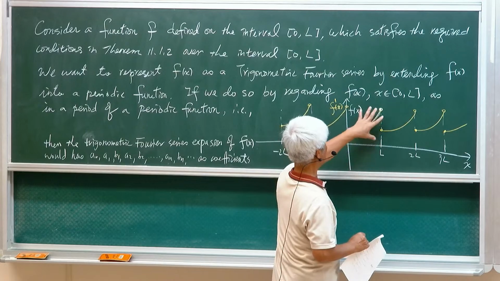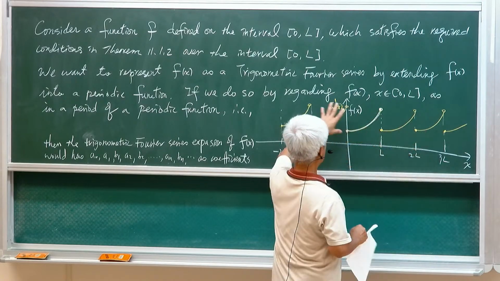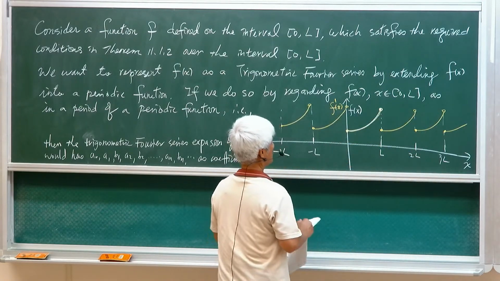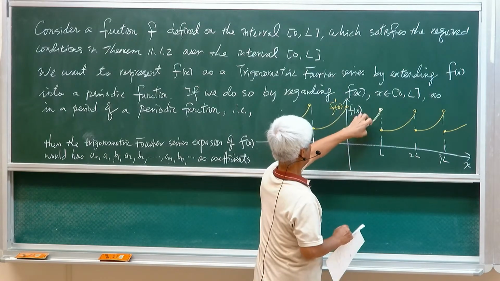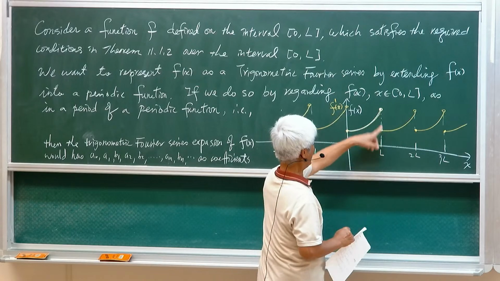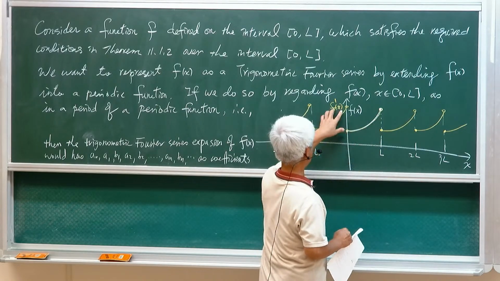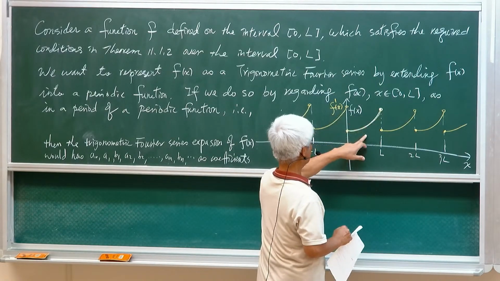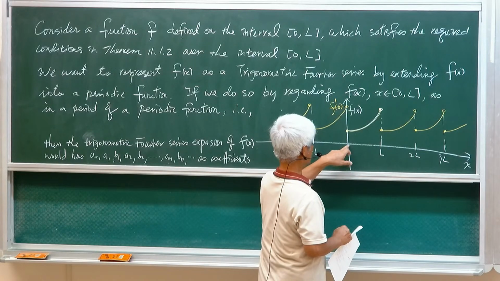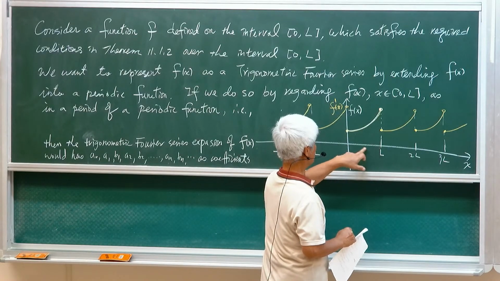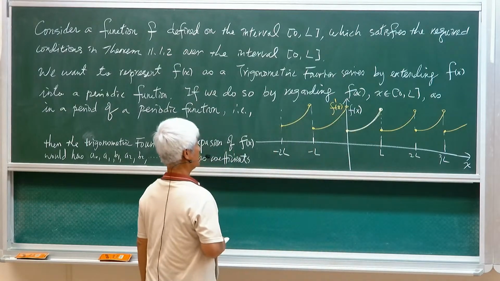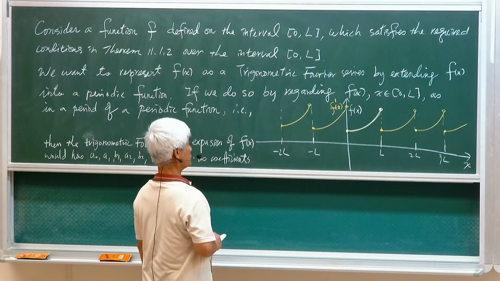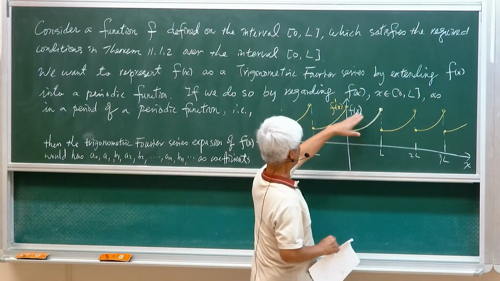So now the disparity between f prime and f is only at one endpoint. They are equal for all x starting from 0 to all points less than L. Okay, so we have the construction of the periodic function f prime.